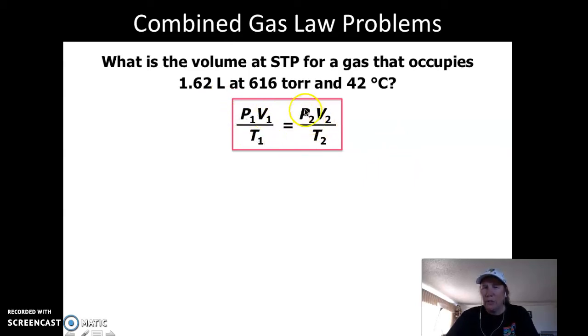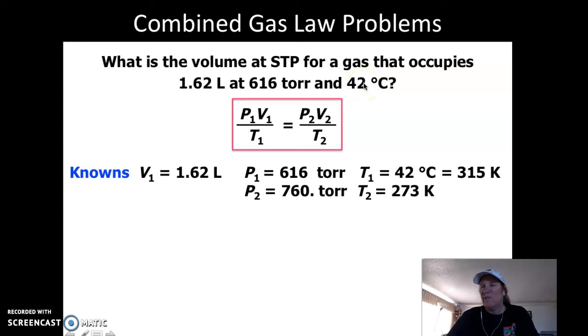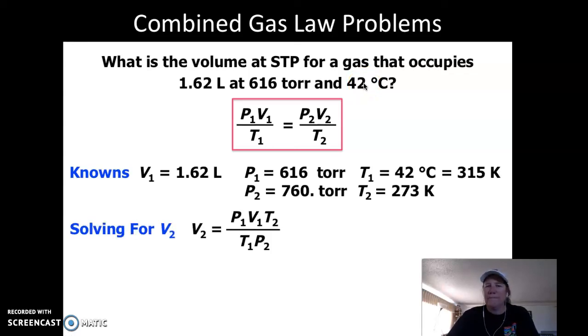Over here, we know the pressure is 616, we know the volume is 162, and we know the temperature is 273 plus 42, which is 315. So we've got our numbers, and we just plug them in.